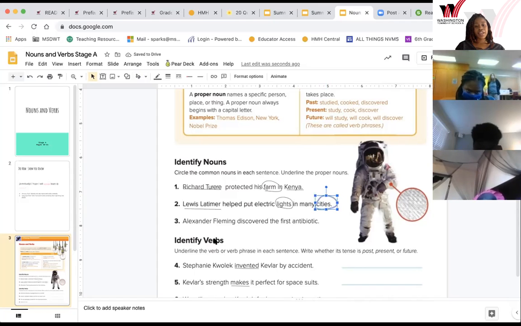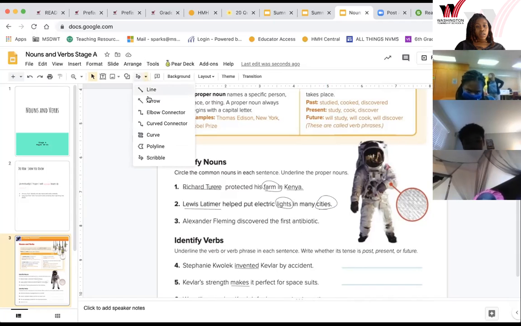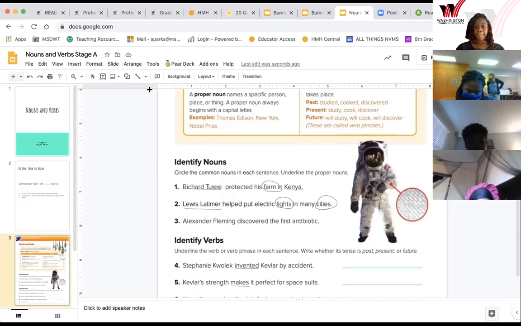All right. Number 3, Alexander Fleming discovered the first antibiotic. Let's start with our proper noun. What do we need to underline here? Alexander Fleming. Yes, Alexander Fleming. That is our proper noun. We know that because it's a specific person and it's capitalized. See?